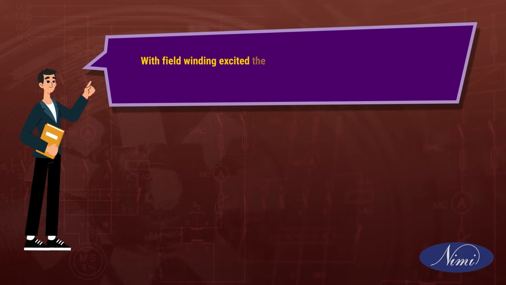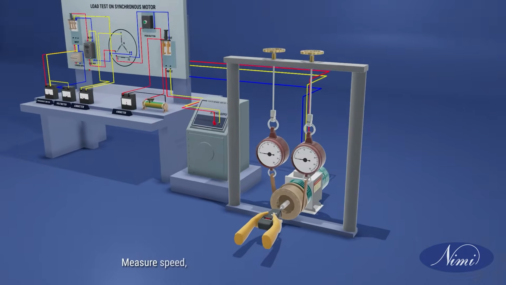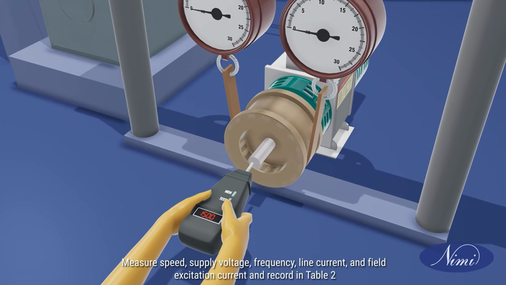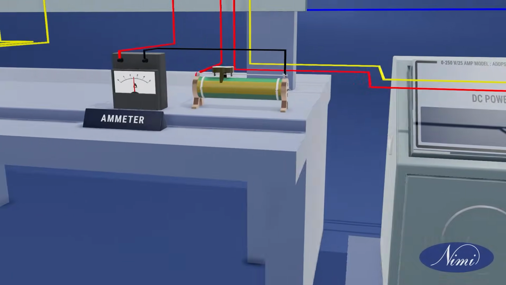With field winding excited, the motor gets pulled into synchronism and runs at synchronous speed. Measure speed, supply voltage, frequency, line current and field excitation current and record in table 2.